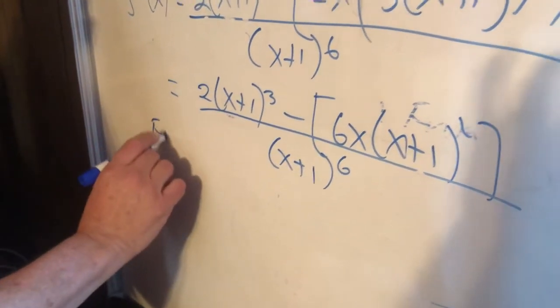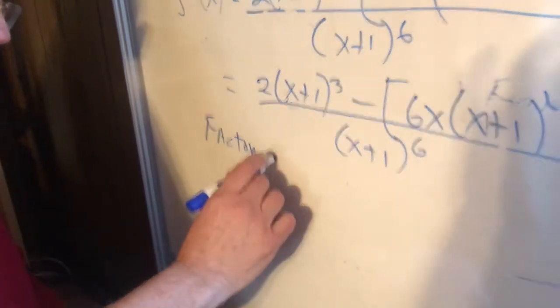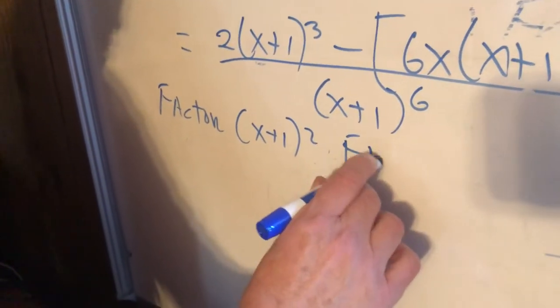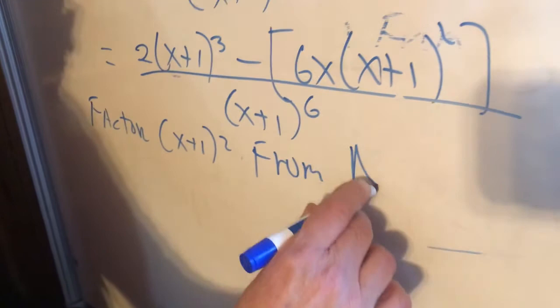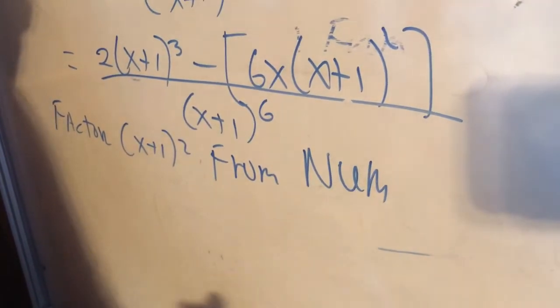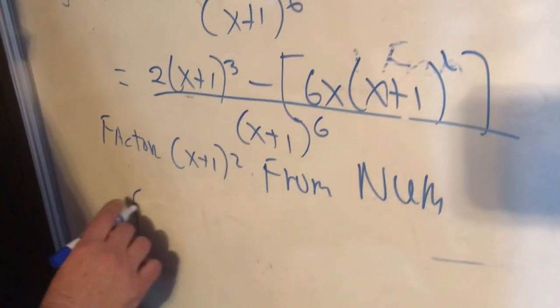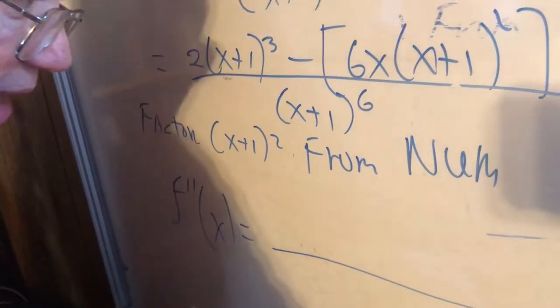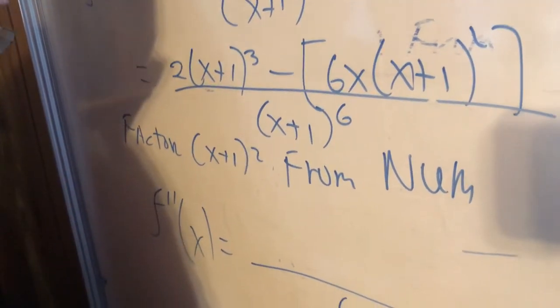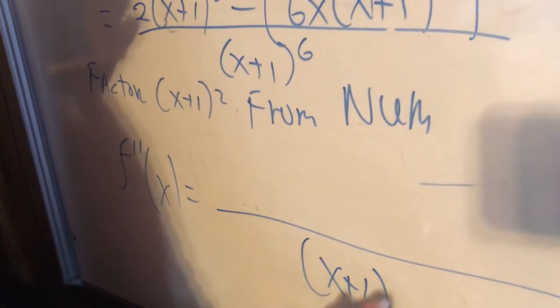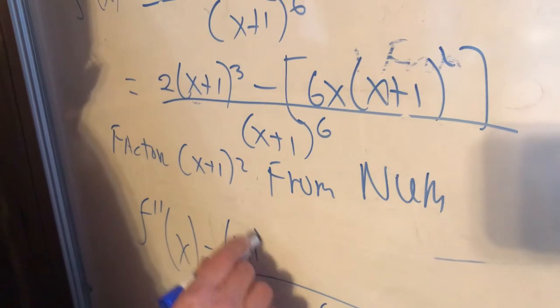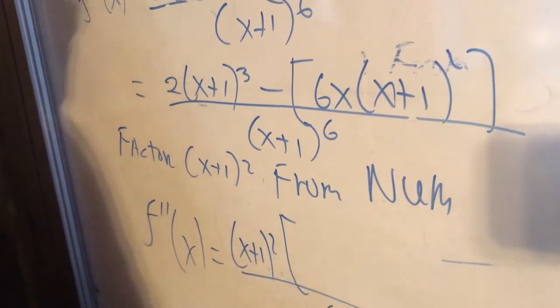So I'm going to factor (x plus 1) squared from the numerator. Just I'll call it num. So what do I get for f double prime of x? Notice I'm factoring this out. The denominator stays the same. I'm factoring (x plus 1) squared. What does that give me?